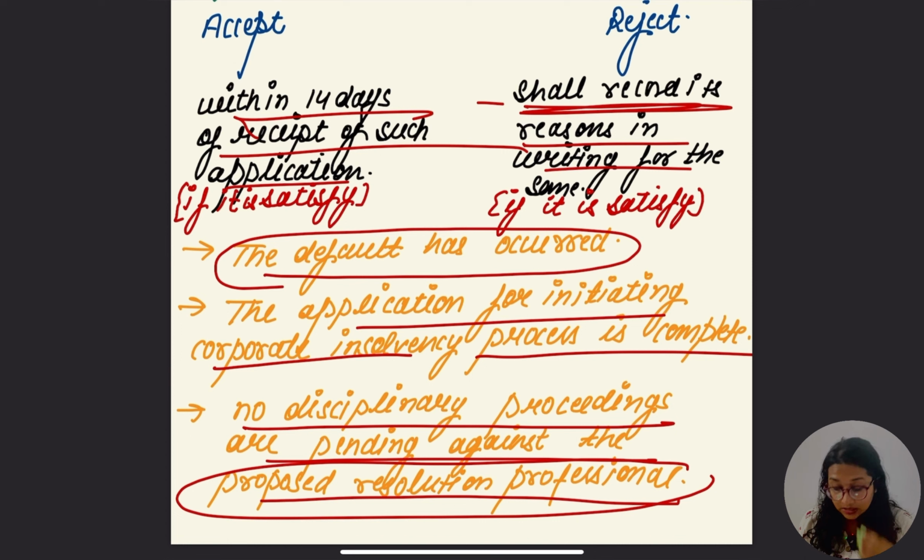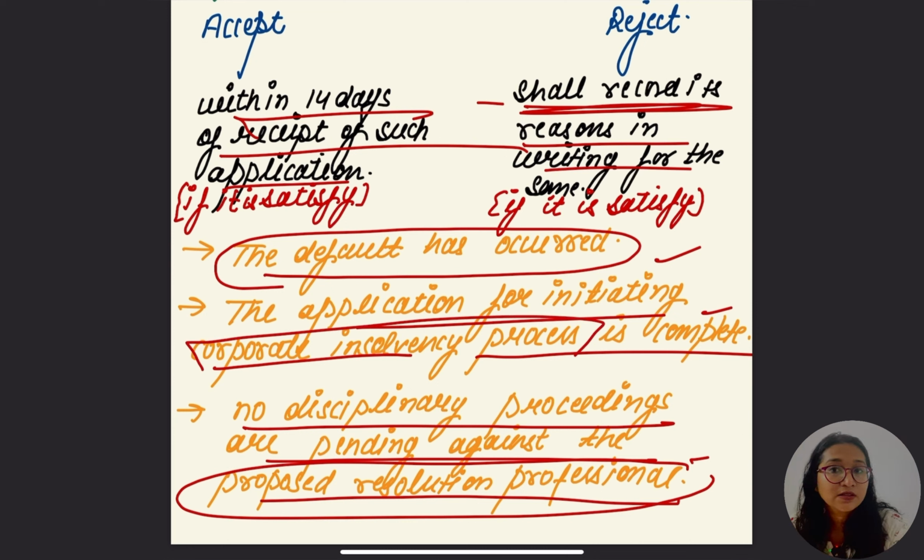So what were the things? If the AA is going to accept that application, these things are to be satisfied. The default has actually occurred by the company, ठीक है, by the corporate debtor. Second says the process should be completed. Which process? The corporate insolvency process. To initiate that, the corporate insolvency process application should be complete. Third, there is no pending proceeding against whom?